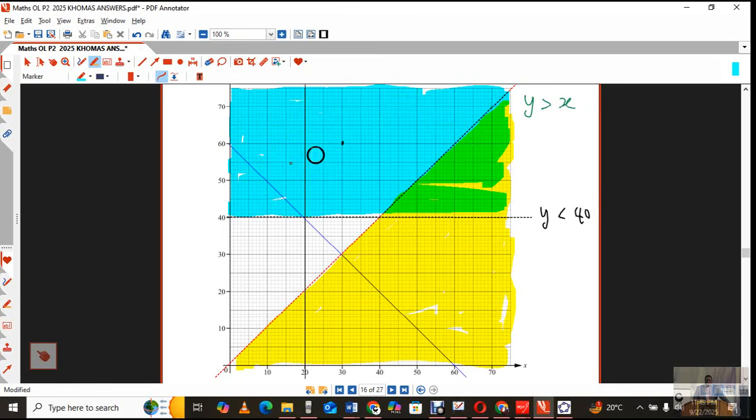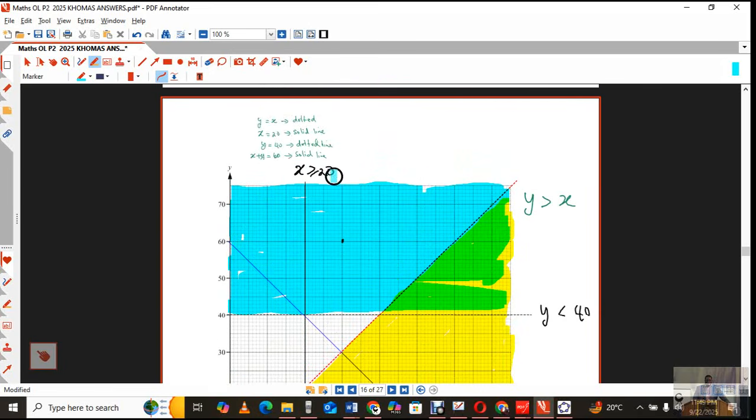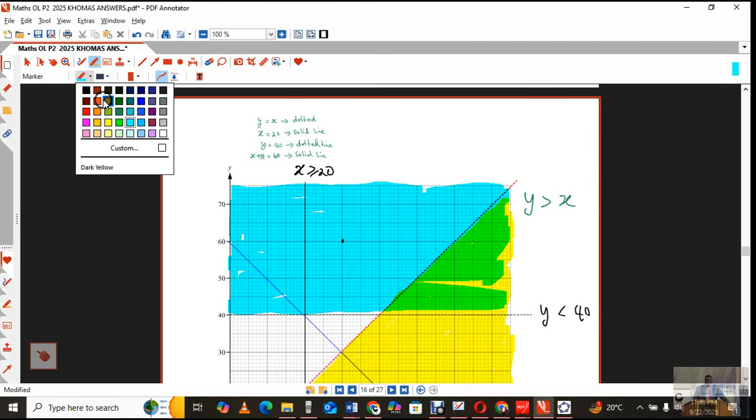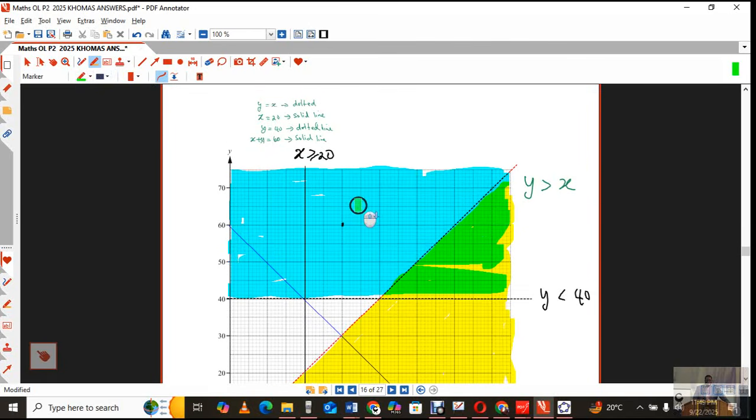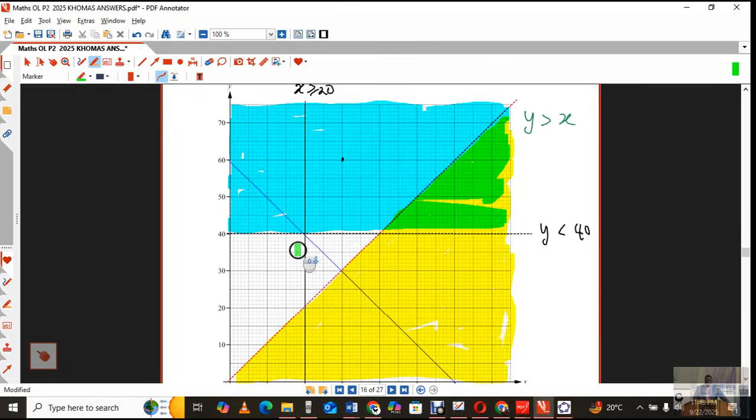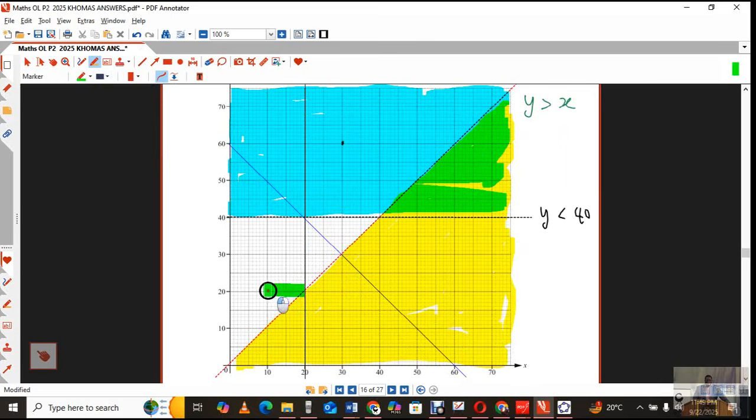Right, let's take this one here. x is greater than 20. Greater than 20 is on the right side, so you shade what is on the left. So you shade this side here, because this side is less than 20.